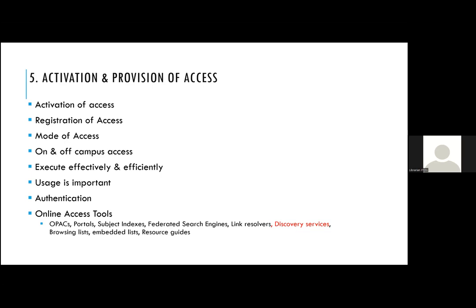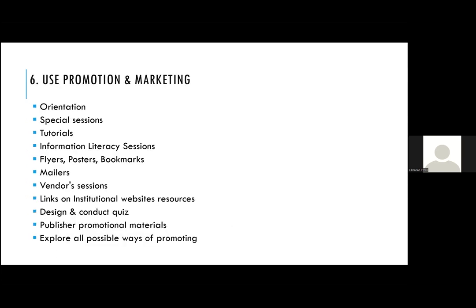Is it an A to Z listing of the resources, or publisher-wise? There are many ways one can provide access, and we try as many as possible, so that users get easy access. It's not just single-point access; it's multiple-point access that one needs to provide. And these are the different ways we use to promote the use of electronic resources.